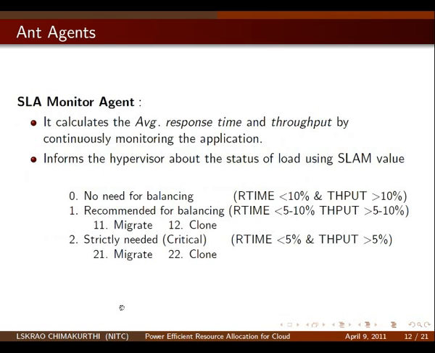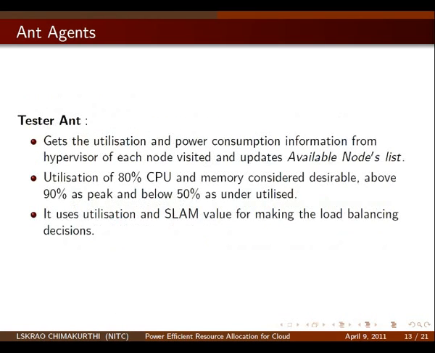These are some of the parameters like response time. These are tunable parameters, we can change them. Now the tester ant gets the resource utilization and power consumption information on the visited node, informs this information to the available nodes list, and also makes the load balancing decisions. Here we are considering that 80% of CPU and memory utilization is a normal situation, and if it is 90% or more, then we consider it a peak situation.